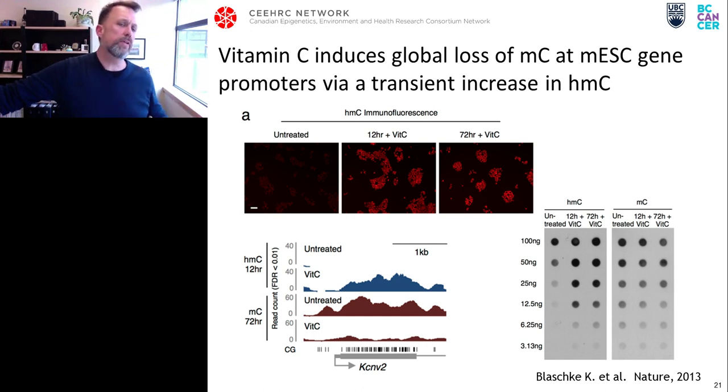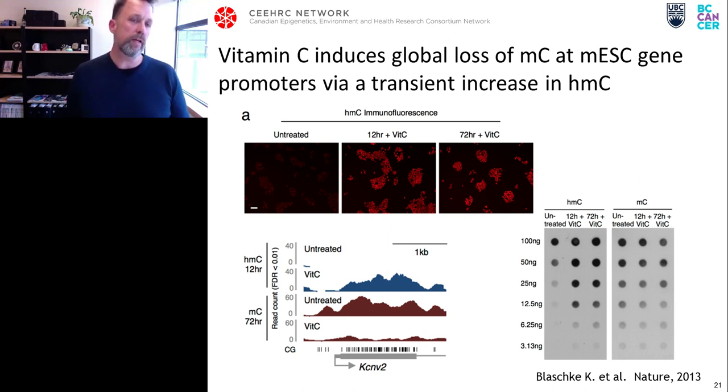So given this, and given that TET is a member of the same family, we asked some years ago whether it would be possible for vitamin C to also act upon other dioxygenases, for example the TET family. What's being shown in panel A is immunohistochemistry of murine embryonic stem cells following vitamin C treatment in culture, using an antibody against hydroxymethylcytosine.